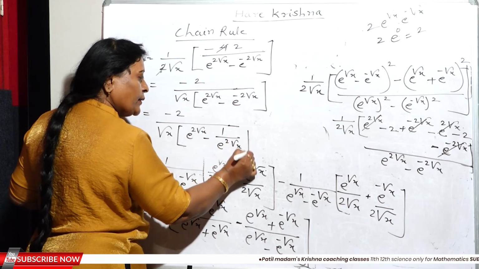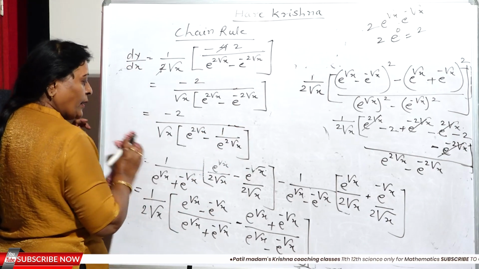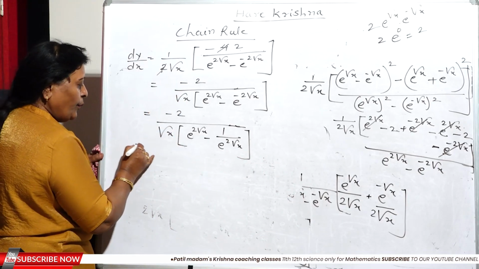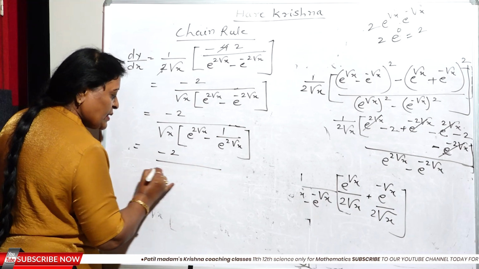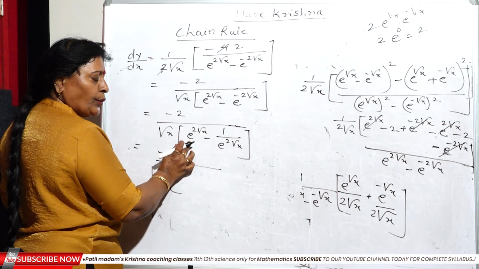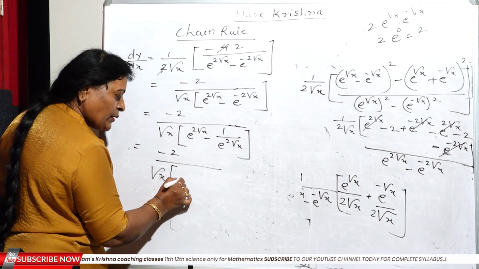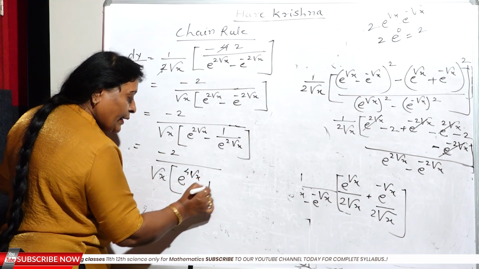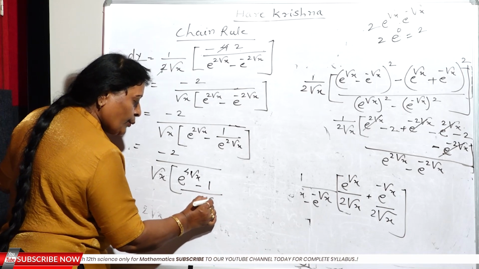So the another result you will get, see, this is minus 2, this is root x. Here you can make the cross multiplication. E to the power 2 root x, e to the power 2 root x means e to the power 4 root x minus 1 divided by e to the power 2 root x.